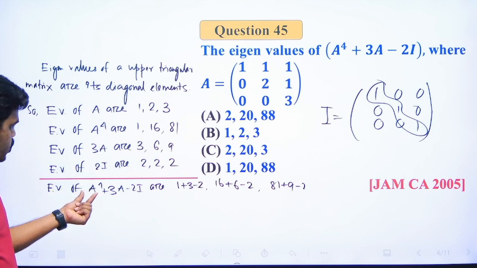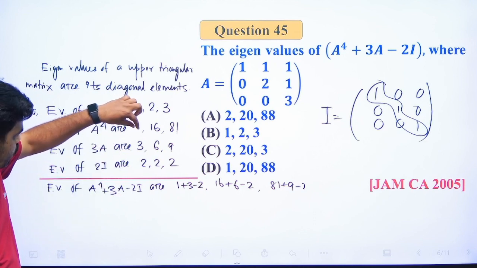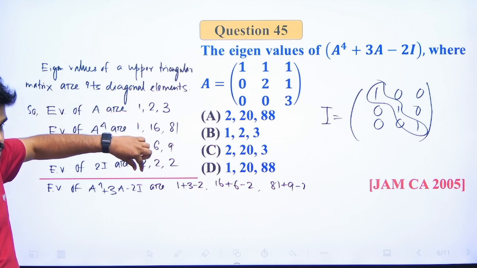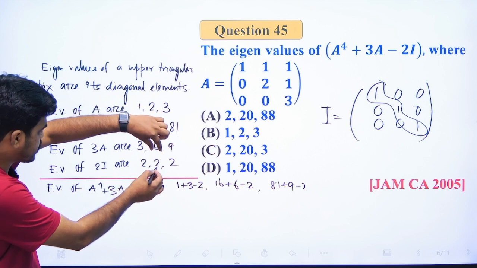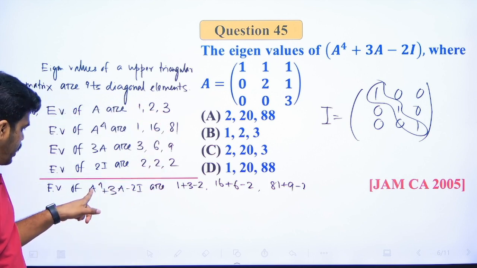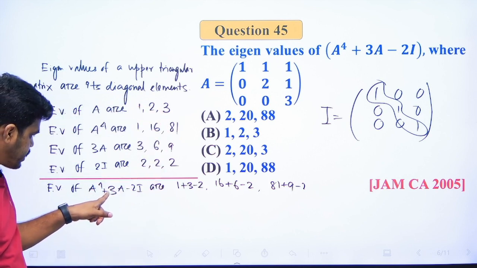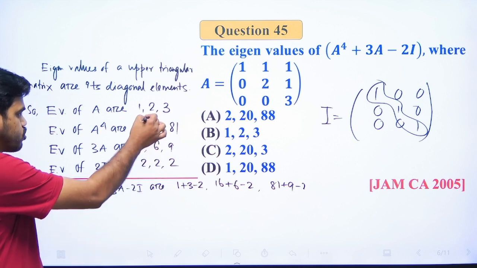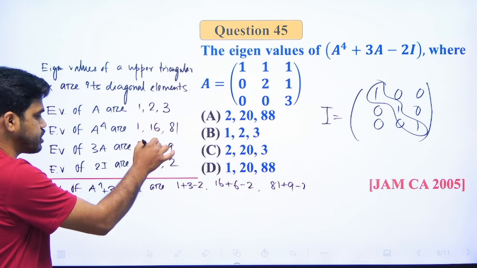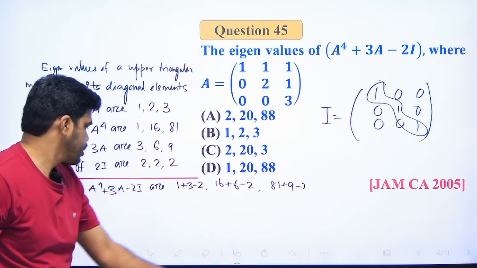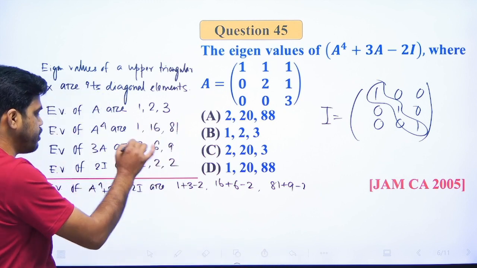See in what form it is given: A to the power 4 plus 3A minus 2I. So 1 plus 3 minus 2, 16 plus 6 minus 2, right? The eigenvalue of A to the power 4 plus that of 3A minus that of 2I. So 16 plus 6 minus 2; if there were a plus here, it would be 16 plus 6 plus 2, okay? Then 81 plus 9 minus 2.